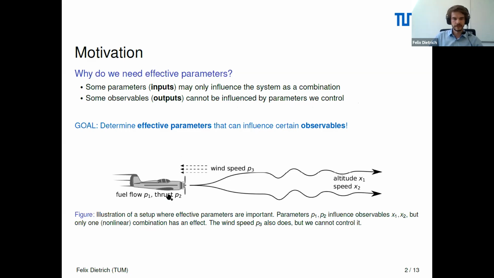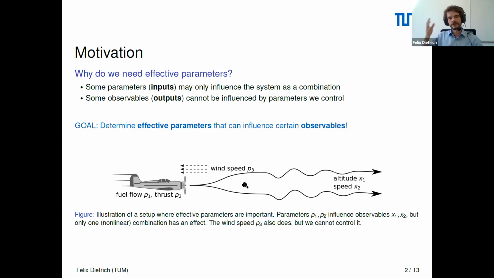And as I've said, the airplane sort of is my little example for the whole talk as well. So let's say we have fuel flow P1 as one parameter, thrust for the engine as P2 is another parameter that we can control. And then wind speed is another parameter that affects the airplane, but that we cannot control, of course.